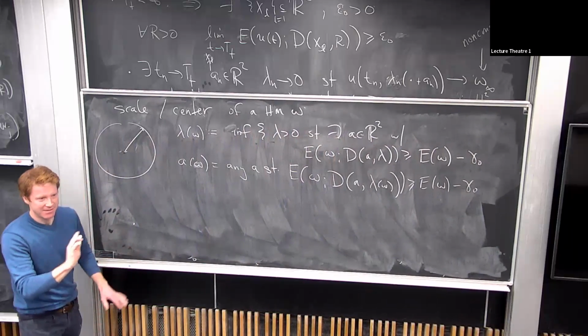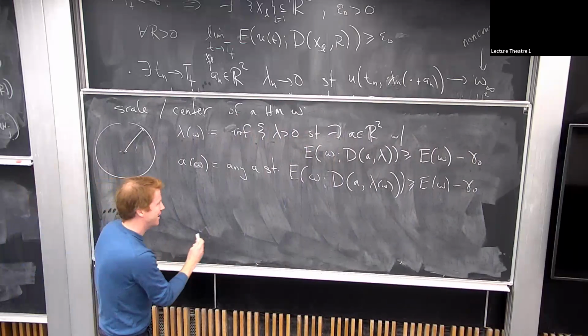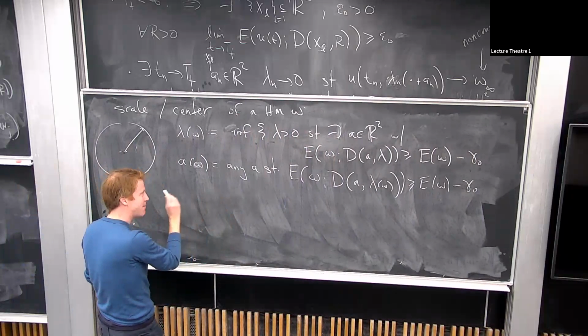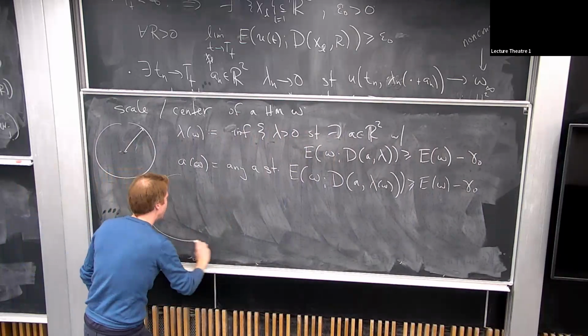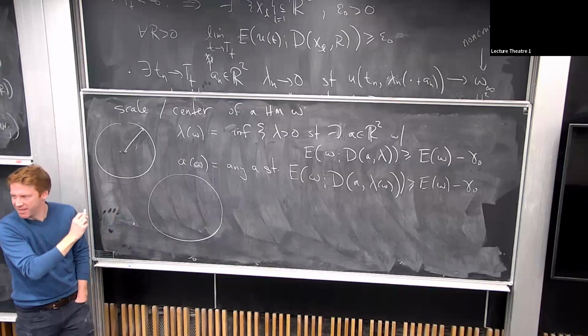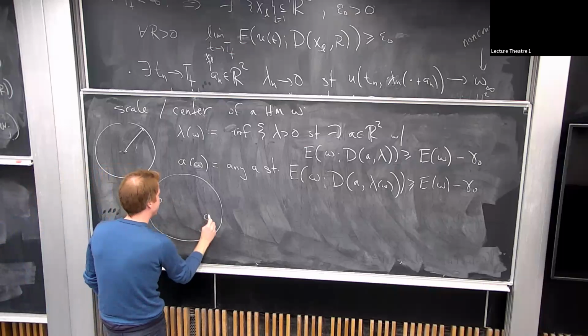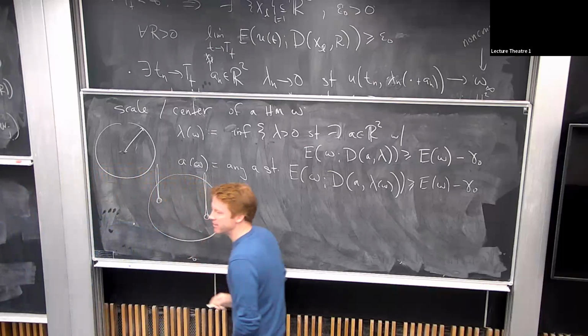I wanted to give a quick example to say that this is capturing something, but not everything about a harmonic map. So I want to think of a harmonic map, and I'm going to try and draw you its energy density. You can imagine the energy being concentrated in two small disks.